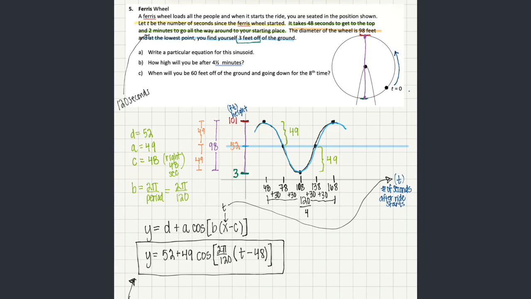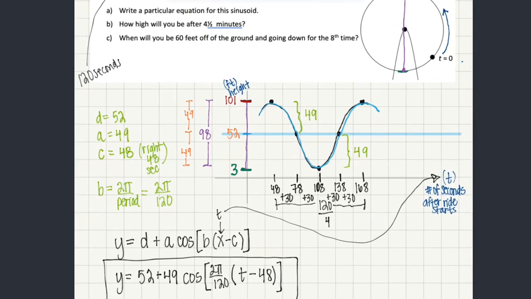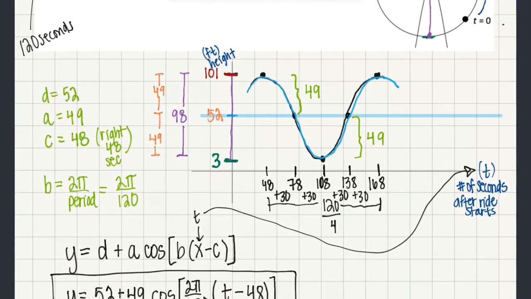But this right here, if you can get this part, the calculator part is going to be a breeze. So practice this part, finding out how to get all your parameters, A, B, C, D. Rewatch the video if you need to.